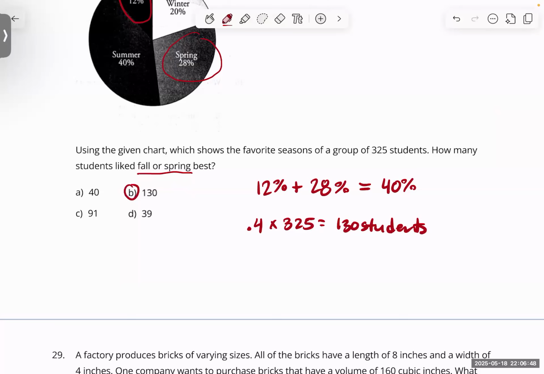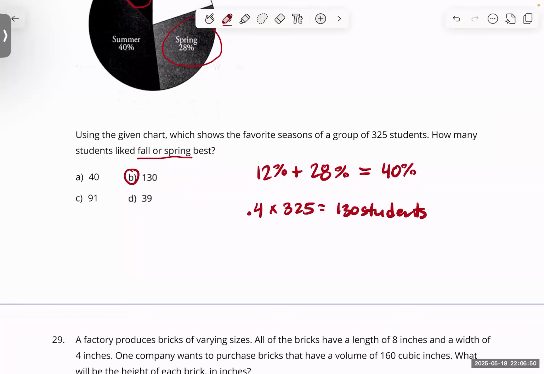Or for my students where we haven't learned it this way, 40% can be rewritten as 40 over 100, because that's what a percent is, equals x over the total. And we have the total students as this. How do we solve for x when we have two fractions set equal to each other?